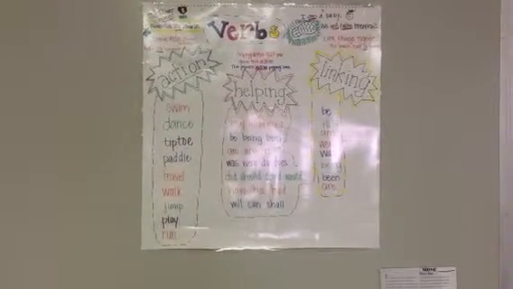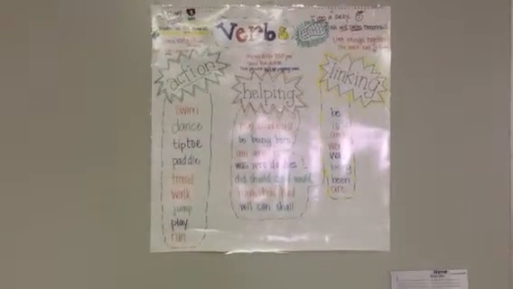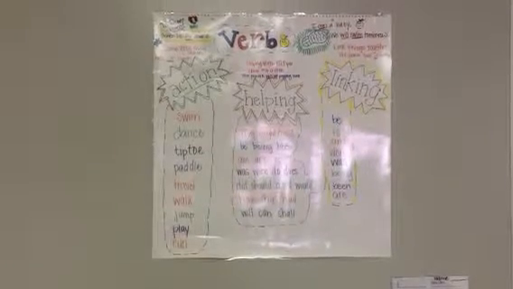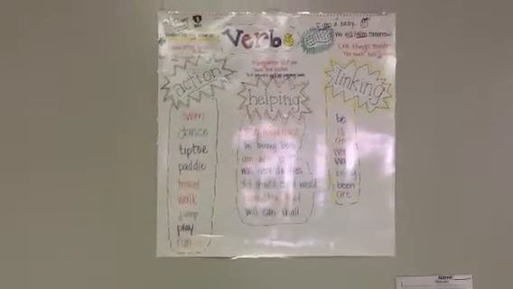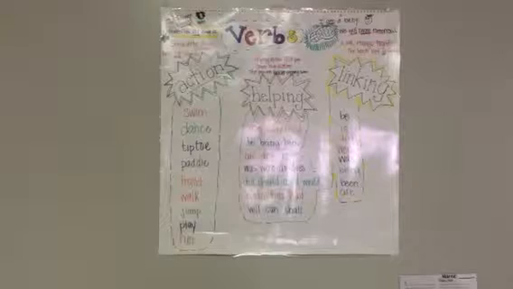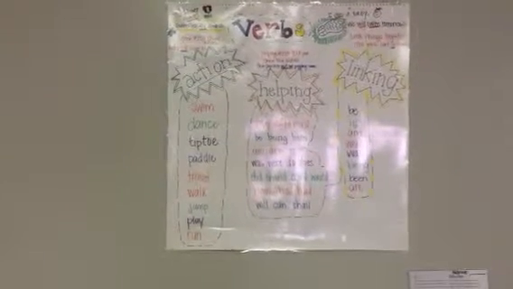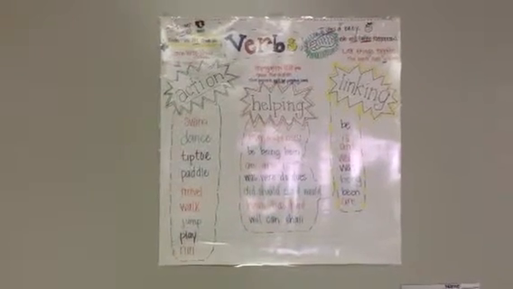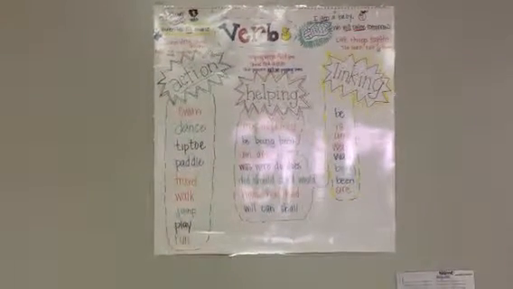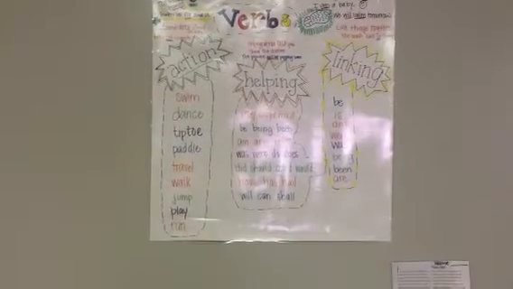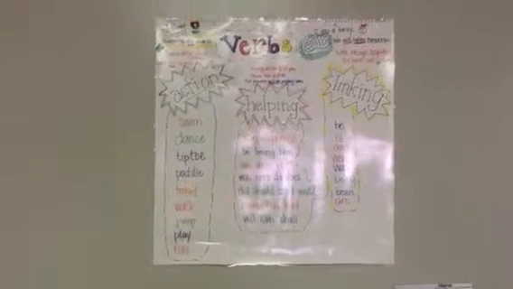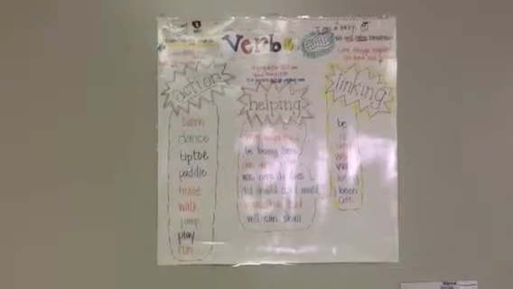Sometimes, though, you use a linking verb to show that the sentence is or was something. Here's a list of linking verbs right here. And remember, we talked briefly, and we'll focus on helping verbs a bit more later, that helping verbs are verbs that join up with action verbs to help explain the action a little bit more.